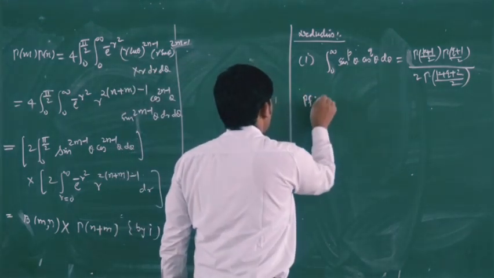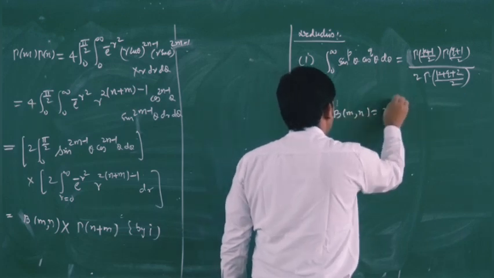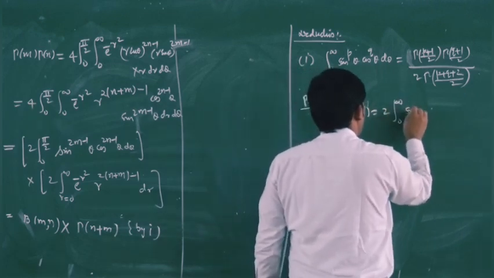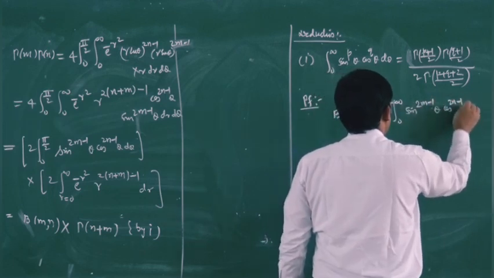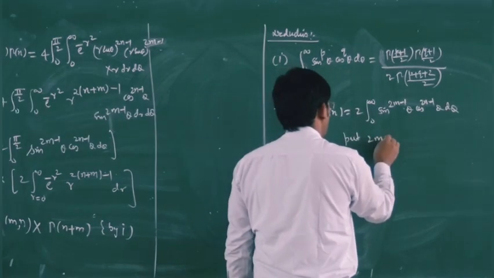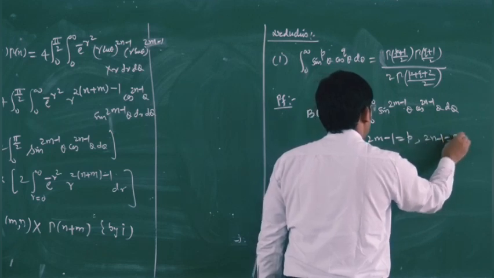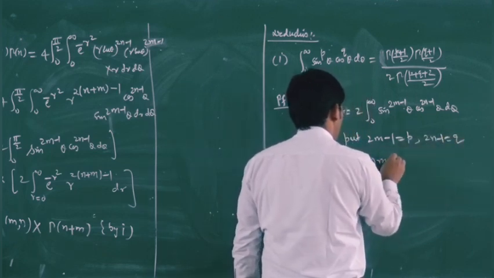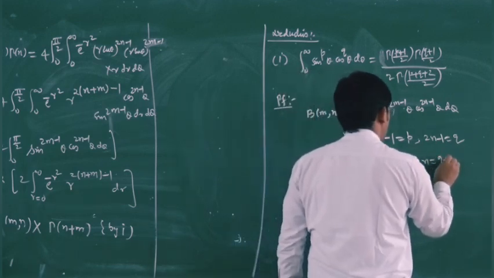We already know that the value of beta m n is equal to 2 times the integral from 0 to infinity of sin power 2m minus 1 theta cos power 2n minus 1 theta d theta. So put 2m minus 1 equal to p and 2n minus 1 equal to q. So from here our m will be (p plus 1) by 2 and our n will be (q plus 1) by 2.